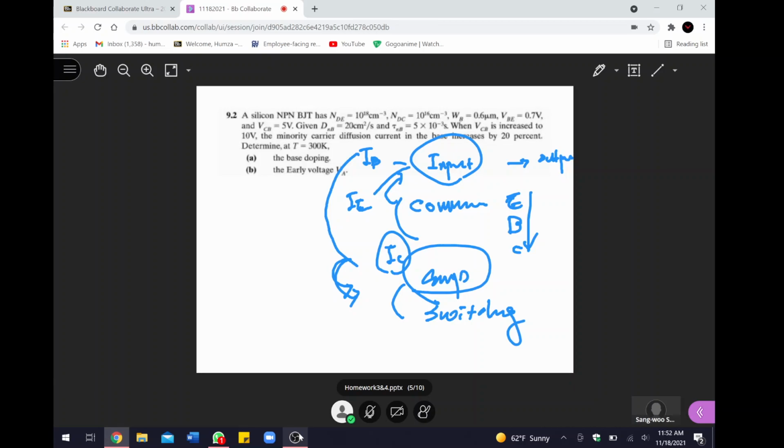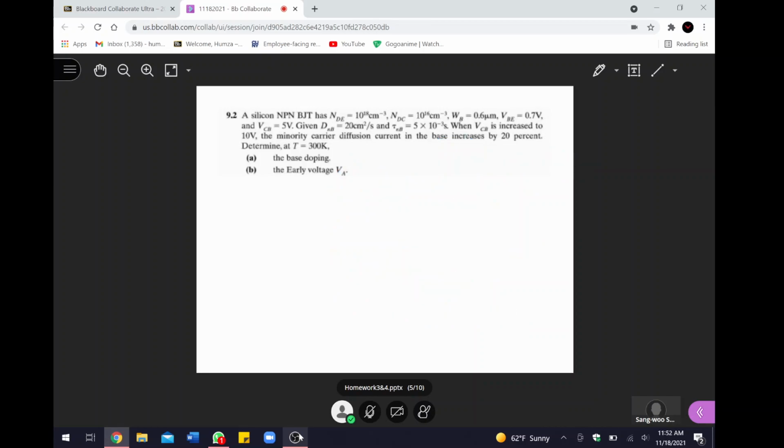Okay, let's go back to our, I need to cover everything. So the second question is rather simple. You may remember that we have the Early voltage, where the collector current is related to the output voltage change, and there is a relationship showing the current increases as we increase the output.